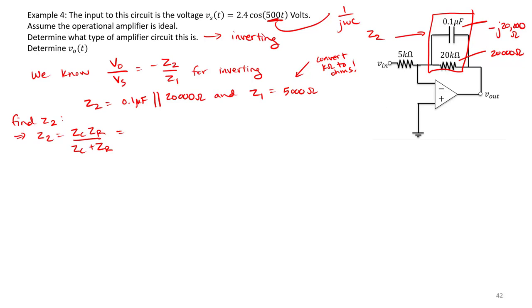So in this case, if we go ahead and simplify that, we get negative J20,000 times 20,000. Don't forget that negative sign. And that is divided by negative J20,000 plus 20,000.